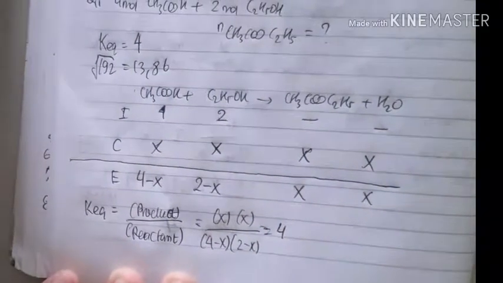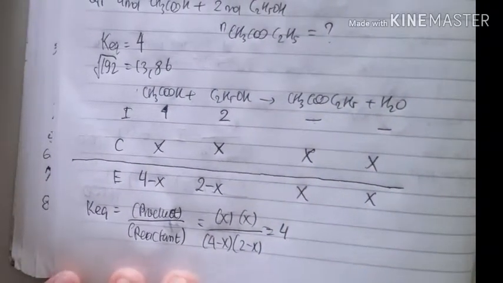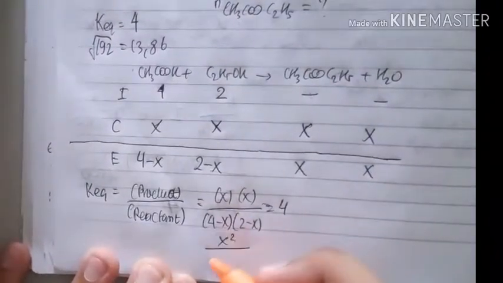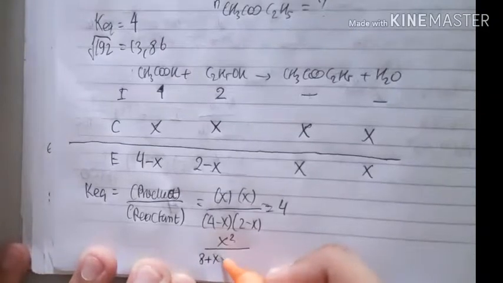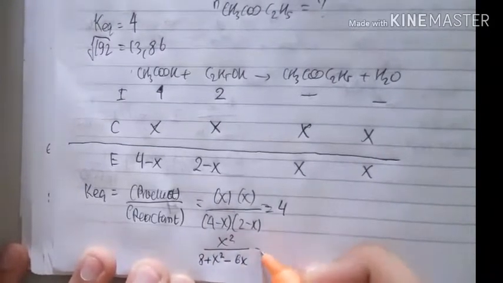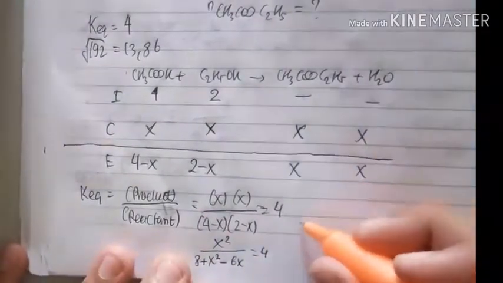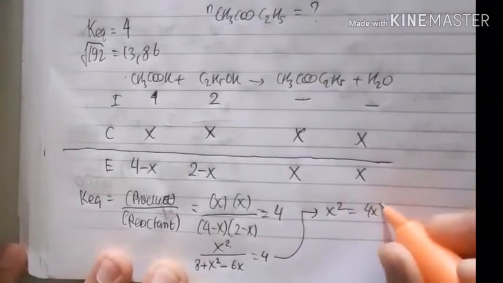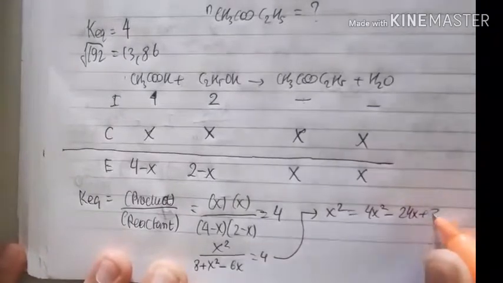So we expand this: X squared over 8 plus X squared minus 6X equals 4. So X squared equals 4X squared minus 24X plus 32.